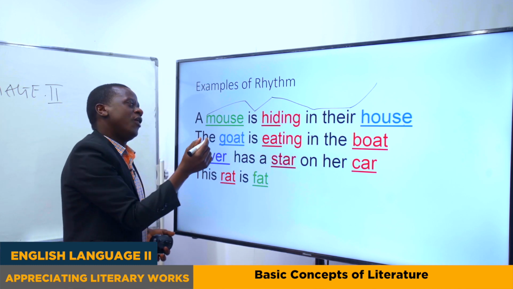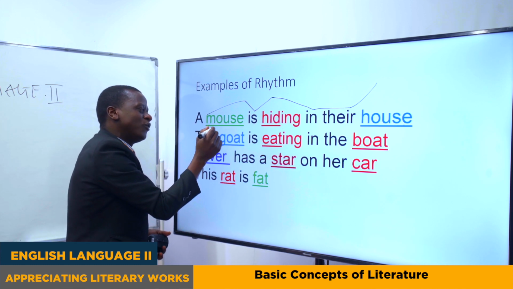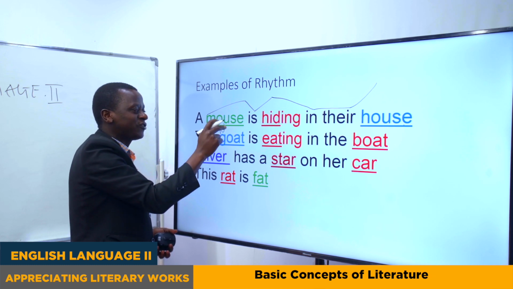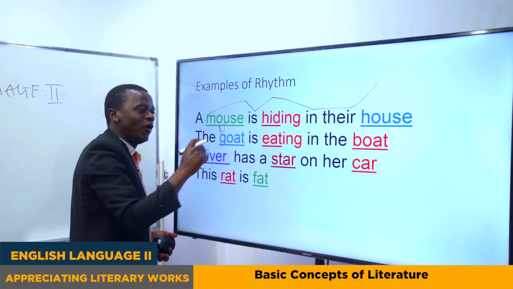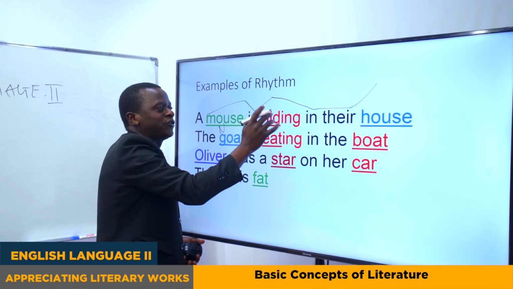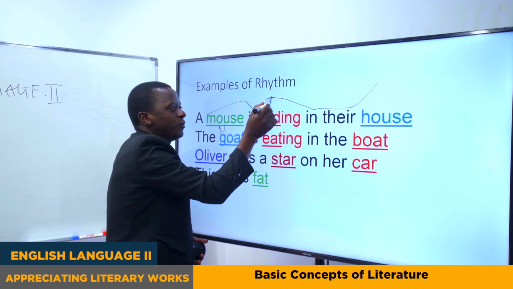Why all this? Because "mouse" is a noun, one of the content words. A noun receives a stress, so during pronunciation your voice goes up. Again, "hiding" is a main verb here, so the voice also goes up.